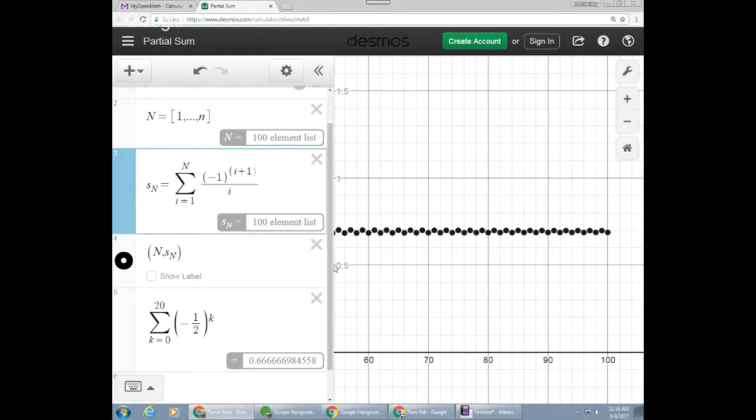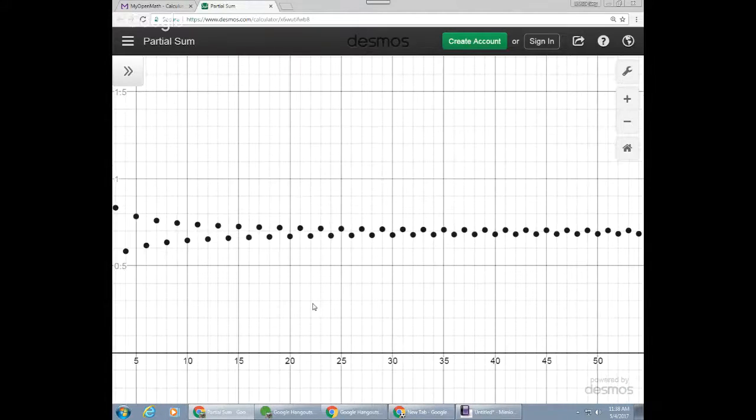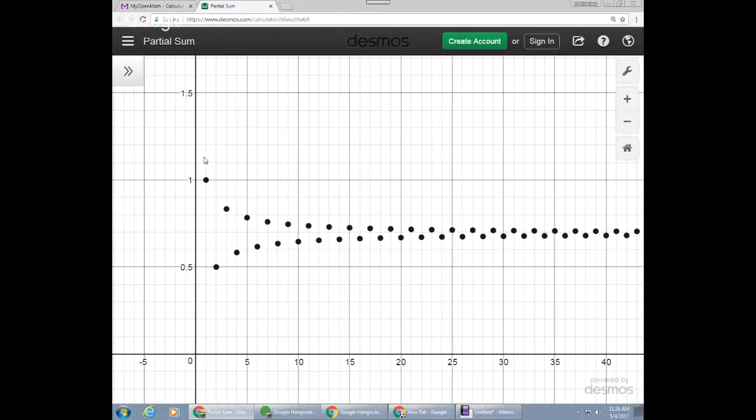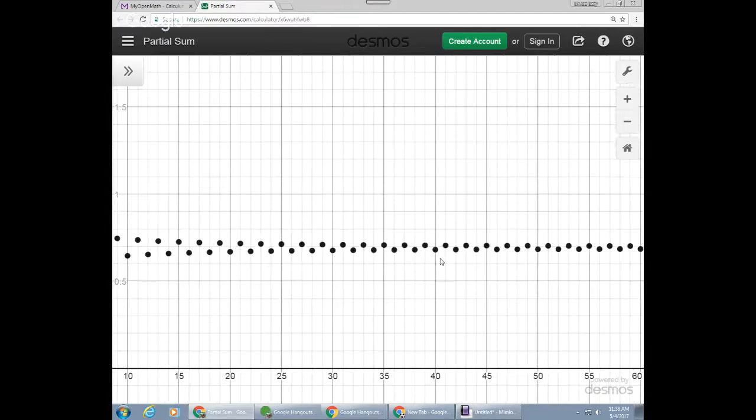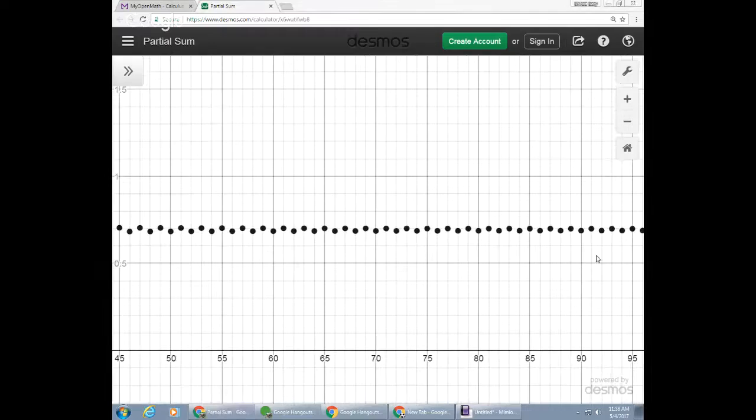That's cool. All right, so let's back off here a minute and then change the scale. Okay, so here we can see at first we get some radical bouncing around, but then it's starting to settle down around some number. Ooh, what number are you? Let's go out here to where they look way closer together.